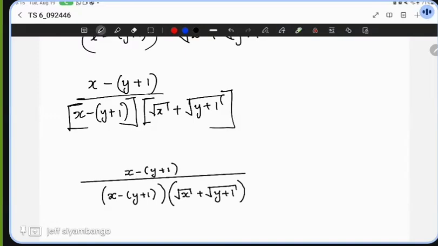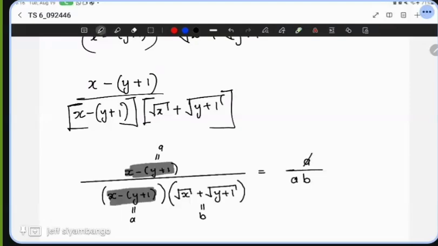What happens here? Don't you see that this is the same as this? It's like this is A, meaning even this is A. Let's take this to be B, meaning A over A times B. What happens in this case?